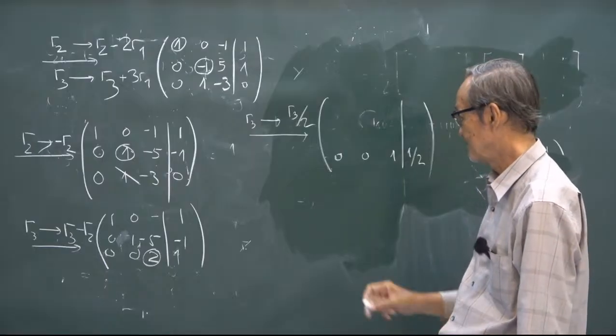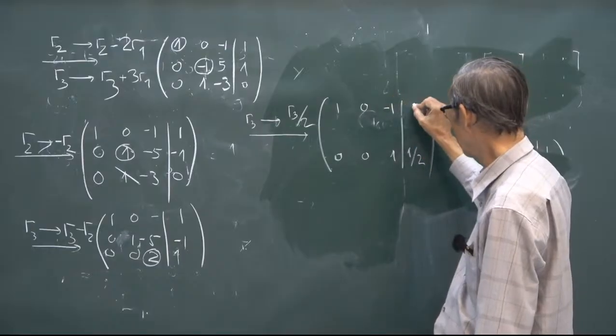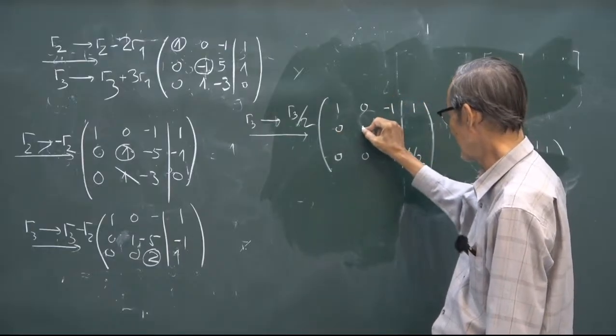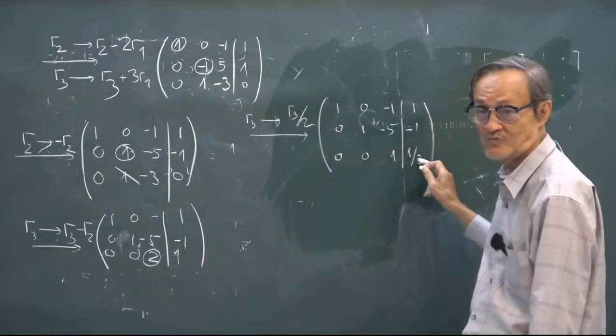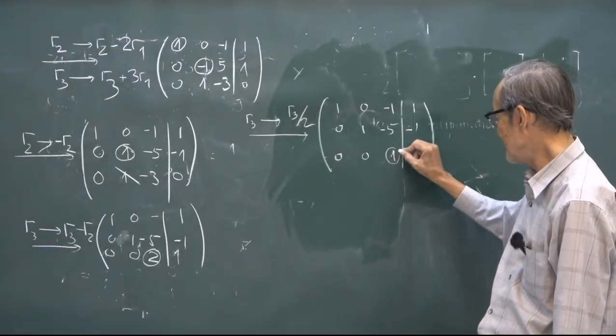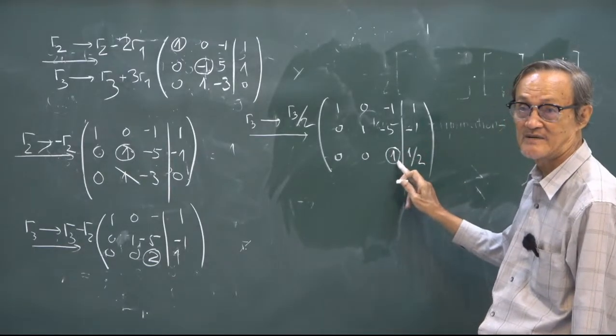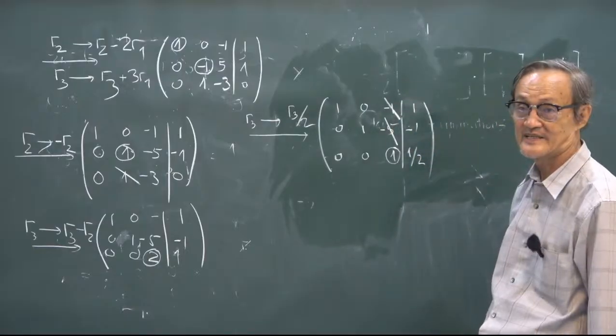Okay. Remain first row. Remain second row. And transform row 3. Then we use this pivot number to delete this.